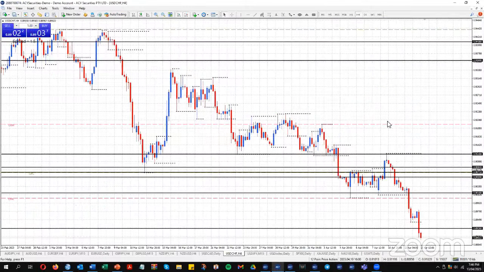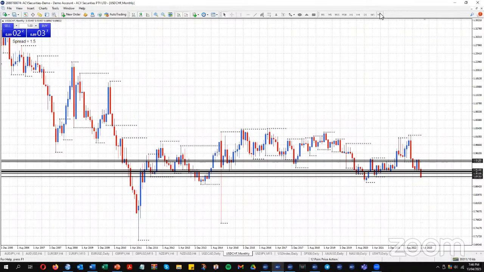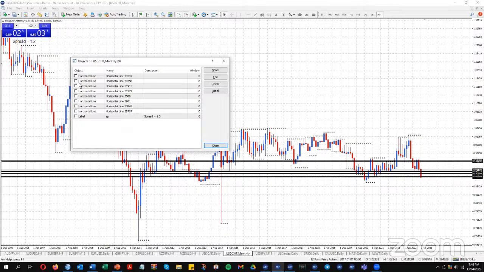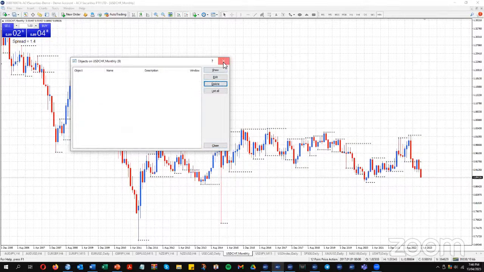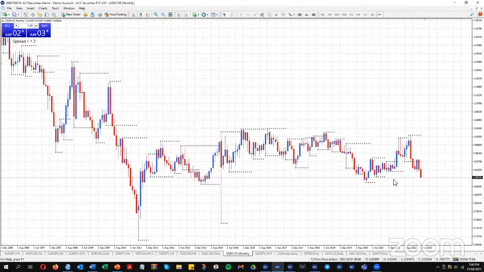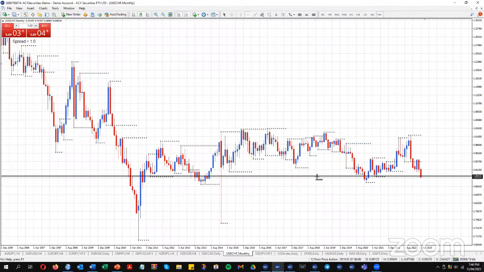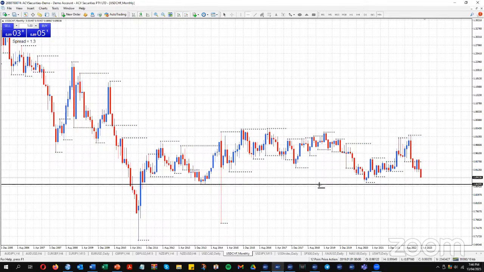All right, dollar franc. Now this has just been smoking down the chart at the moment. I might just take all my lines off this chart so that we've got a nice clear chart. There's that low there, there's this low here.